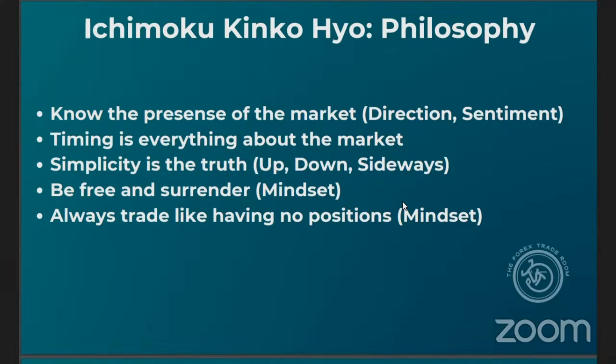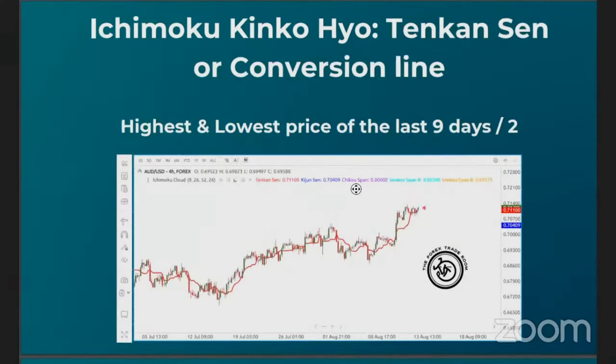No matter what the indicator, if you don't have the right mindset, if your mind's not in the right place, it becomes hard to be consistently profitable and consistently successful over time. So just a little bit about the history and the overall philosophy, when we talk about Ichimoku Sanjin and his creation of the Ichimoku Hyo. Now let's talk about it.